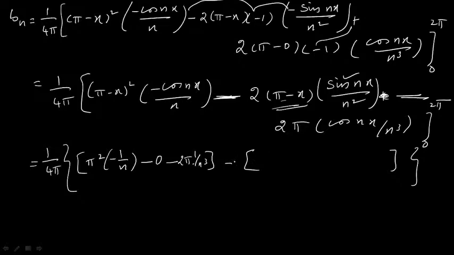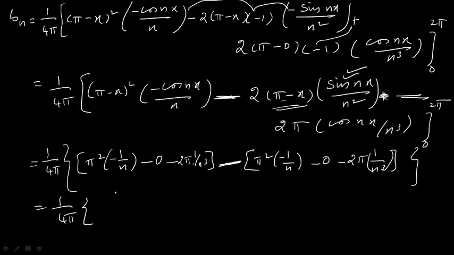So minus, coming to the lower limit, we have to replace the value of x by 0. So here you have pi square, cos 0 is nothing but 1 divided by n, minus sin 0 value, you know that is 0, minus 2 pi cos 0 value is 1 divided by n cube. That's all. So simplifying this, you get 1 divided by 4 pi. So here you have minus pi square divided by n minus 2 pi divided by n cube.